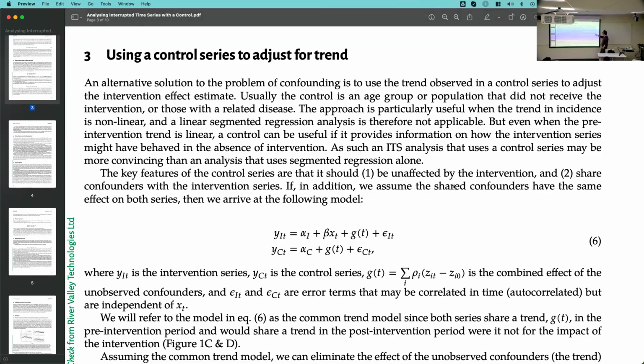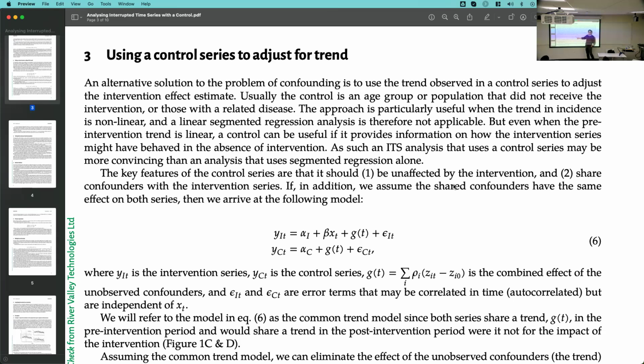So two groups, intervention group and control group. And there's some X_t. What is X_t? X_t is a flag that tells you whether the intervention has occurred or not at time t.